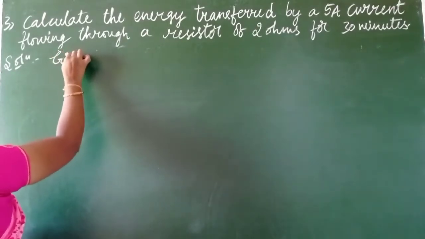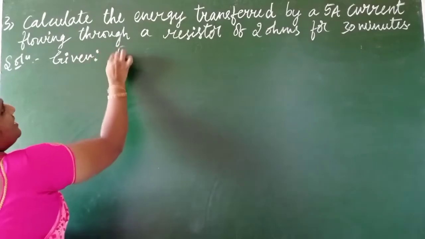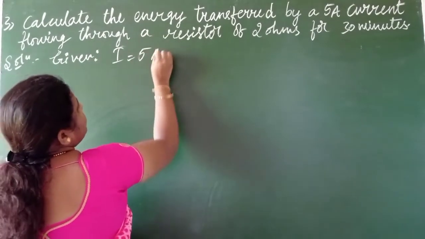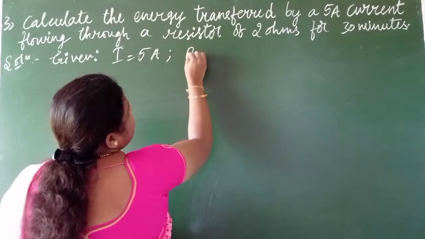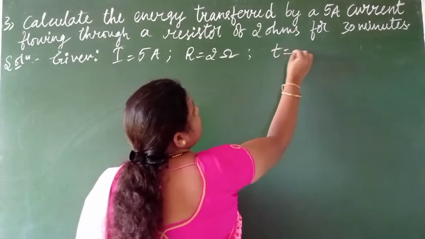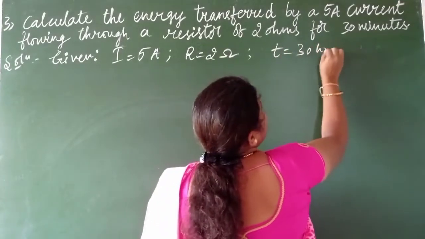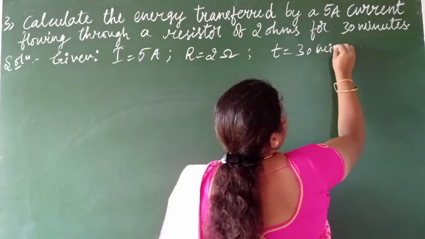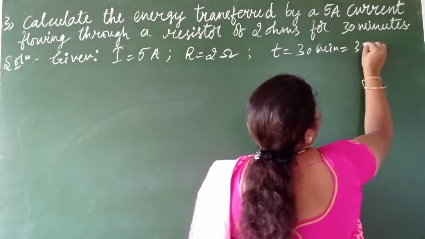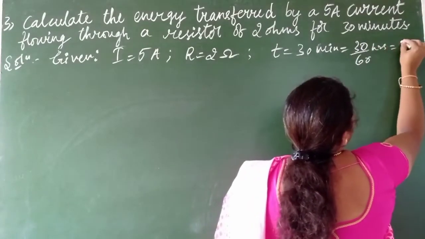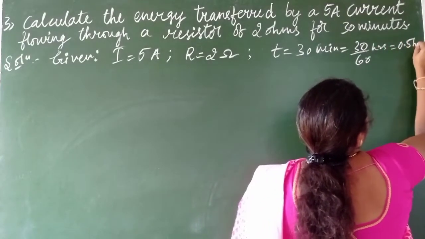Given I is equal to 5 amperes, resistance R is equal to 2 ohms, then time is 30 minutes, that is 30 divided by 60 hours, which is nothing but 0.5 hours.